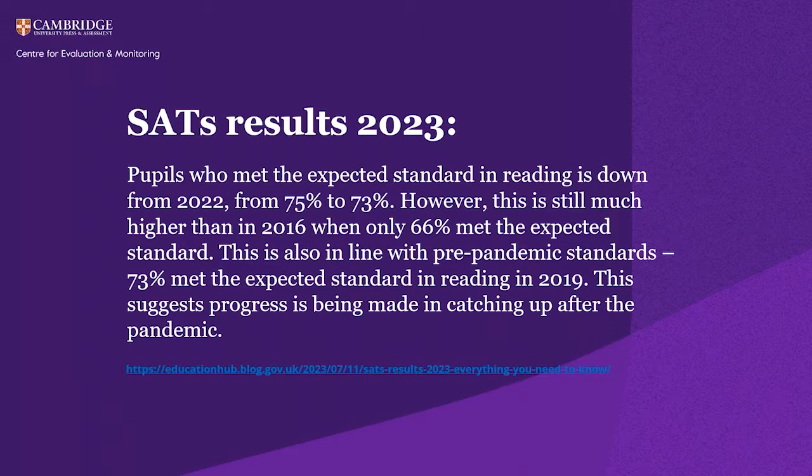Before we dive into the details today, let's take a moment to consider a recent report that sheds light on the current state of reading proficiency among students in the UK. The Department for Education recently released a blog revealing that 73% of pupils at Key Stage 2 achieved the expected standard in reading for the 2023 SATs. And while this statistic indicates progress, it also emphasises the ongoing need for targeted approaches to further enhance our students' reading skills.